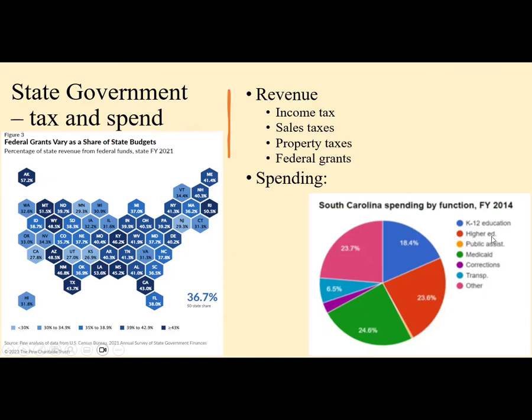This is college education, public assistance programs, Medicaid, corrections, our prisons, and transportation, our roads, and other, that would include pretty much everything else. That's how state governments are spending the money that they receive, either from taxing citizens and property or from federal grants.